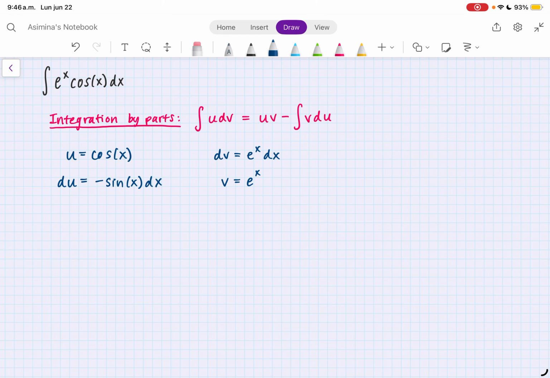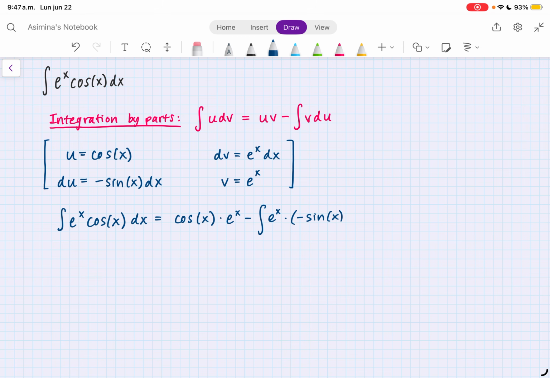Okay, so if we put all this together, what does integration by parts tell me? It tells me the integral of e to the x cosine of x dx is equal to u times v minus the integral of v du, negative sine of x dx.